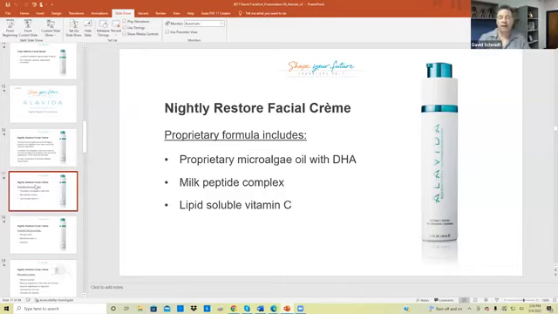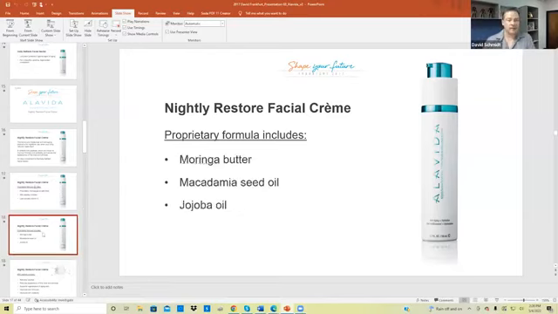So what was exciting about this is we could come up with a blend of different oils, put active ingredients into them like milk peptide, and naturally increase hyaluronic acid levels in the skin. And then with the lipid-soluble vitamin C, that's turning on collagen production. So we have a product that doesn't have collagen, doesn't have hyaluronic acid, but it increases both of those in the skin.